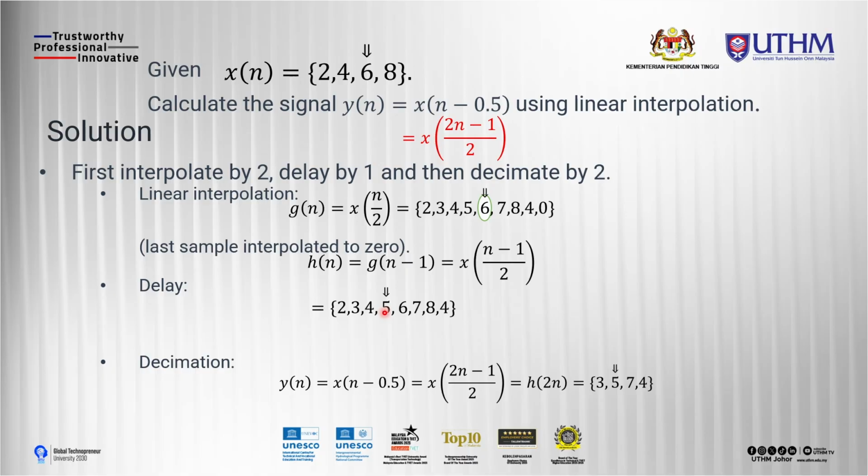Therefore, you take this value 5 from the origin. Also, you take the 3 because it's the decimation by 2. Then after that, you take the 7, you take the 4. So you end up with 3, 5, 7, 4, and the origin is at the value 5. Do you get it?